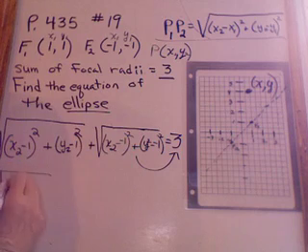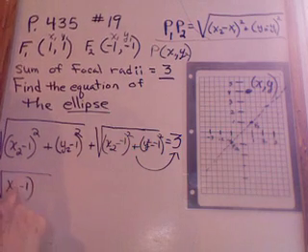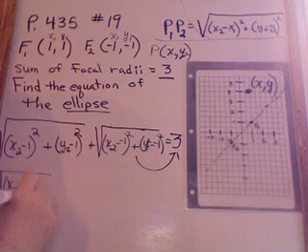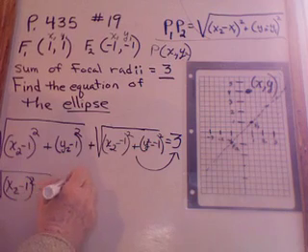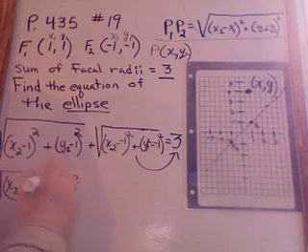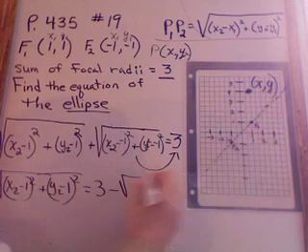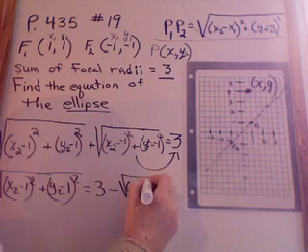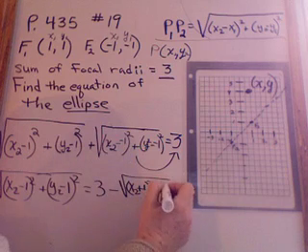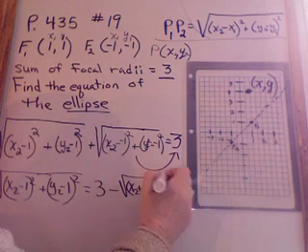I have the square root of x2 minus 1 squared plus y2 minus 1 squared equals 3 minus the square root of x2 plus 1, we'll change that double negative, squared plus y2 plus 1 squared.